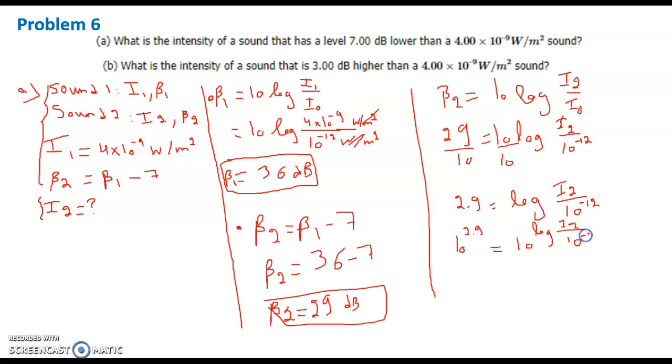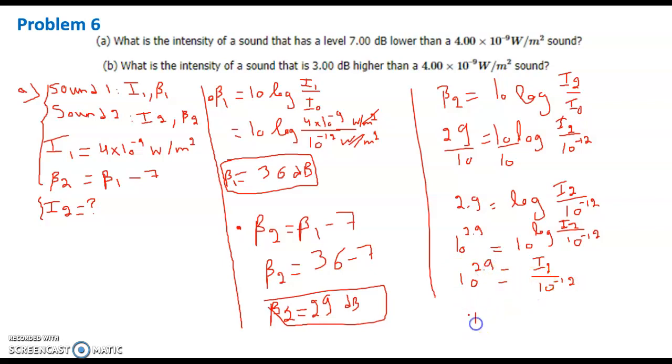I'm sorry for my handwriting, but I'm trying my best here. So this will be I2 over 10 power minus 12, and here 10 to the power 2.9.